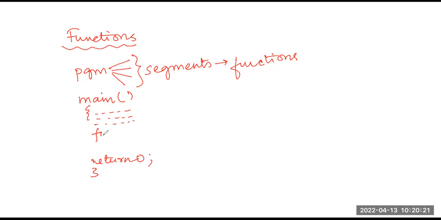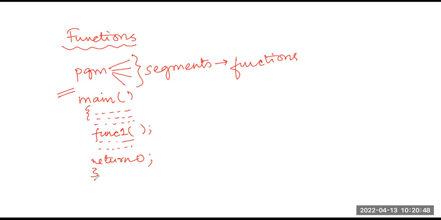Here, suppose I am calling one function which I have named func1. You can give anything as your function name. Here I have given func1 as the name. So this is the way: func1, bracket open, bracket close, then semicolon. Then again I am writing this. So this is the main inside which I am calling the function.